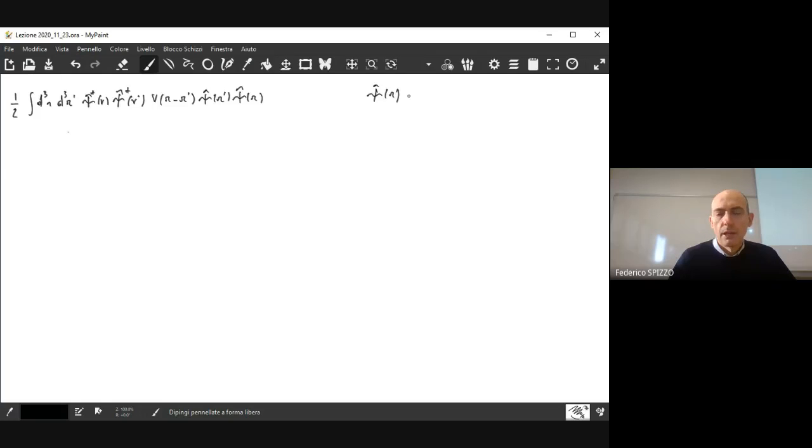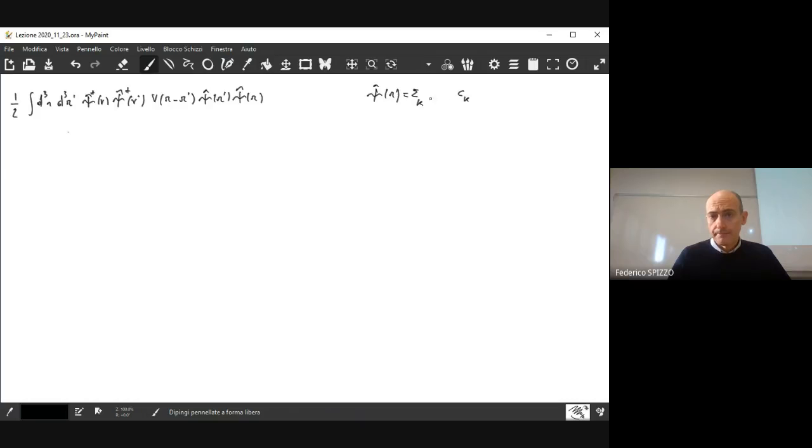I just recall here the definition of the field operators. In the case of the destruction operator, the expressions of both the destruction and the creation operators are based on the destruction and construction operators defined on the level basis.